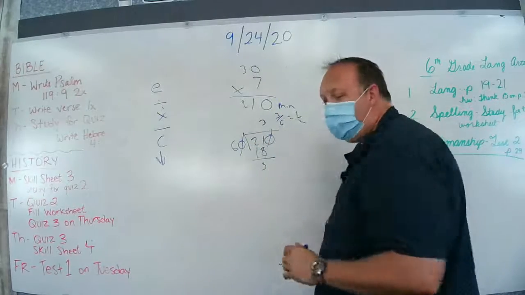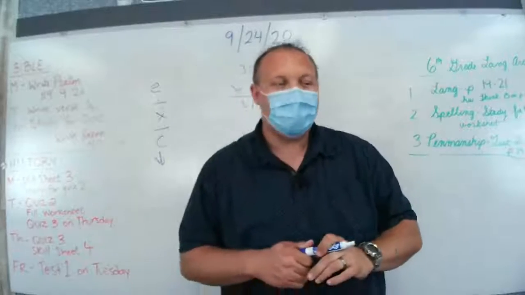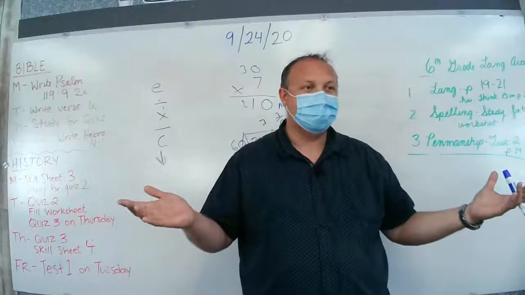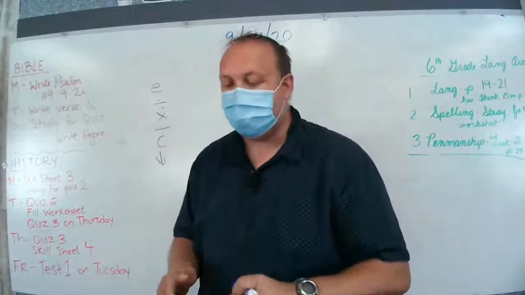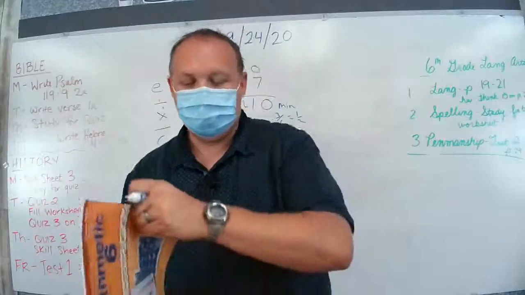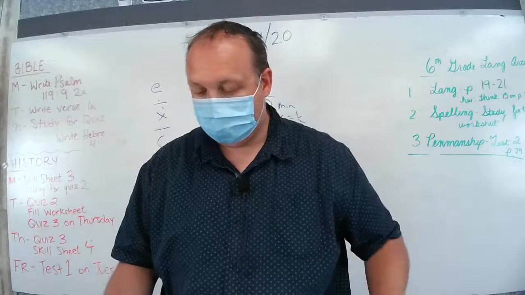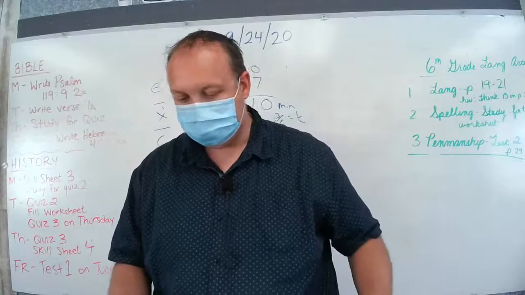So we get 3.5 hours. 3.5 hours is, half an hour is how long? 30 minutes. So we get 3 hours and 30 minutes. Okay? Any questions?